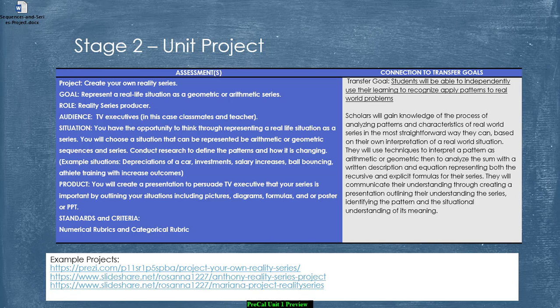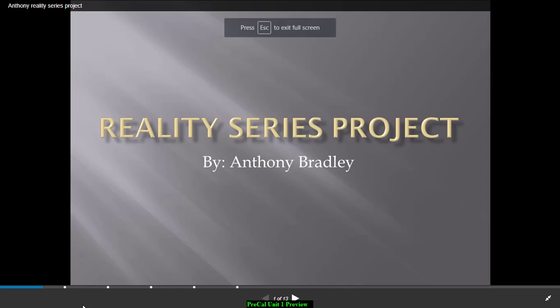Students will gain knowledge of the process to analyze patterns and characteristics of real-world series, and this might be a real good way to tie in maybe buying a car or understanding what happens with a sequence as we move through a real-world situation. So let's go ahead and look at a project example and see what it looks like.